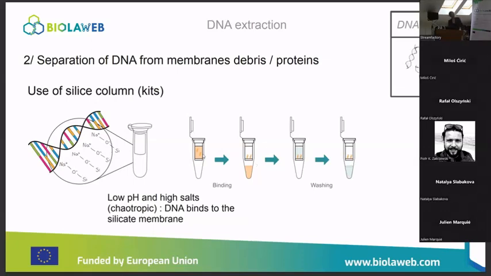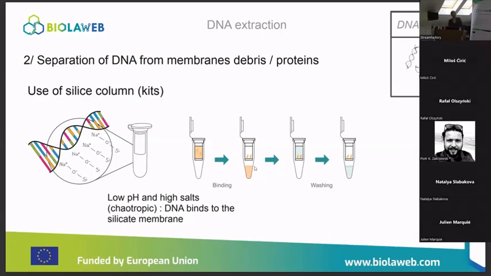So it looks like this. You have this tube with a silica membrane here, and then you put your samples with everything, and you do a spin with centrifugation, and all the liquid will go down except DNA because it's bound to the silica membrane.